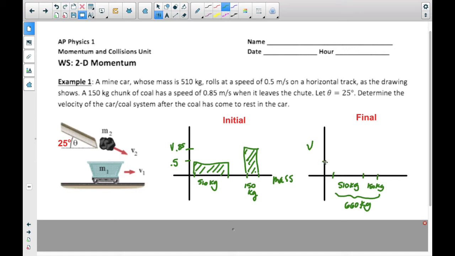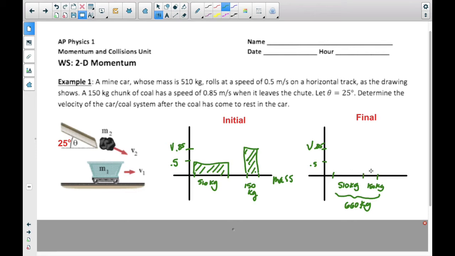Well, remember we had a 0.5 and we had a 0.85. And again, they're random, but I'm trying to make them somewhat in proportion to each other. So, 0.85 is not quite twice as big as 0.5. And so the question is, well, how fast is this total mass going to go now?